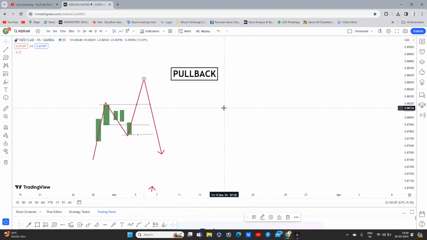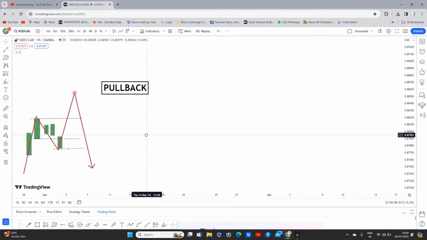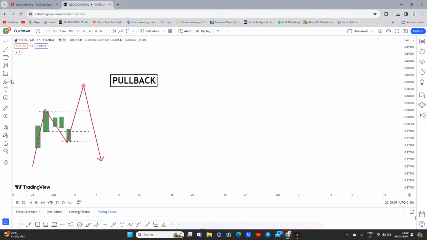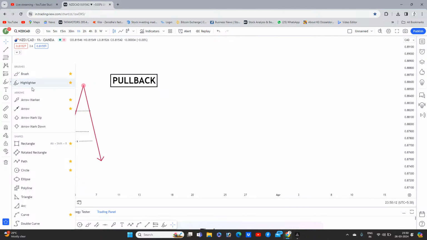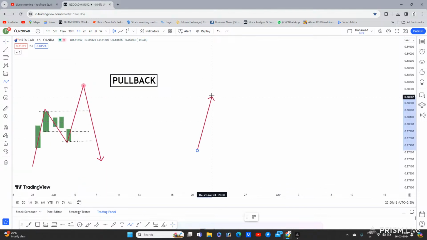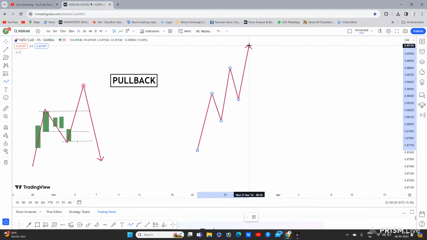Now what happens is, suppose the market is moving in a straight line like this, like this, like this. Sometimes people often get confused.